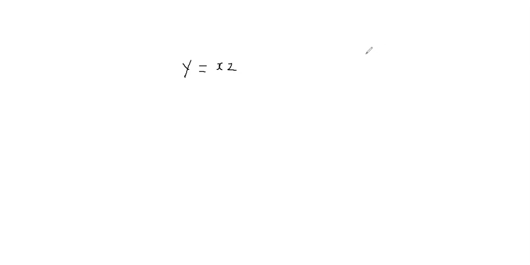There I have Y is equal to XZ. I want to make X the subject. In this case, we know Y is the subject, but I want to change the subject to X. So what do I need to get rid of? Z. And what is Z doing?